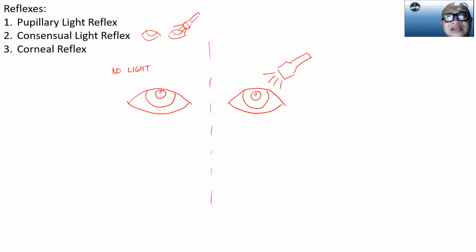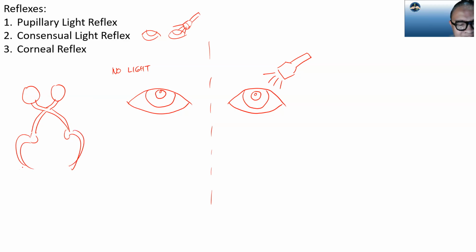Do you know why? Remember the drawing or the picture that I showed you about the optic tract? You have your optic chiasm there and your optic radiation and whatever else. You see this? That's the link between the two eyes. Okay? And usually, our eyes are wired such that they cannot move independently like a chameleon.